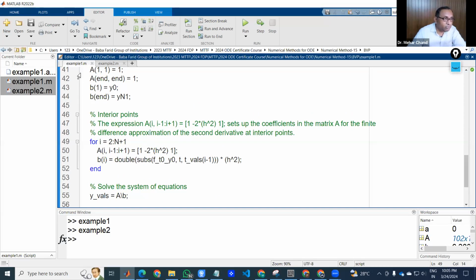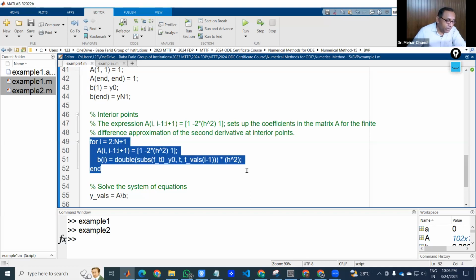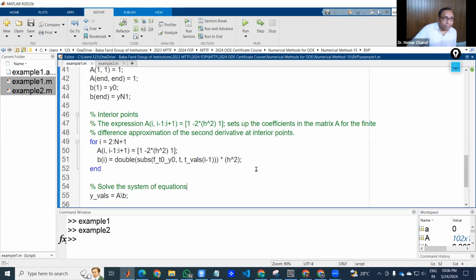But the challenge is only for this first example. If you have used the finite difference, then there will be no challenge for this part. Also I will try to provide the PDF file after creating the same for this part, and I will upload it there. Now, any question, please feel free to ask.